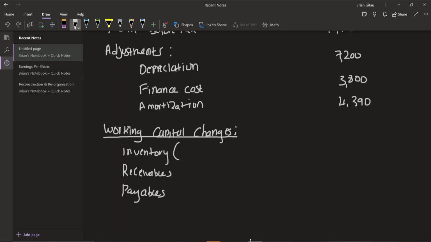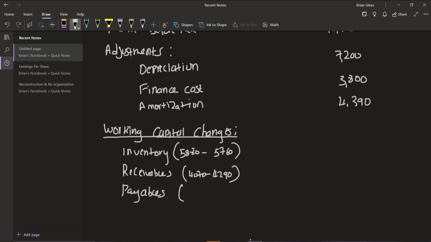So inventory from 5,880 to 5,760. And then receivables from 4,290 to 4,070, so 4,070 minus 4,290.